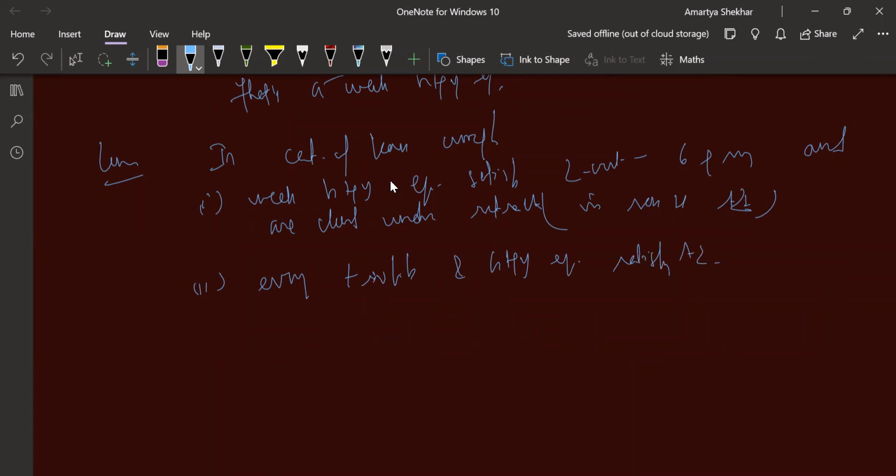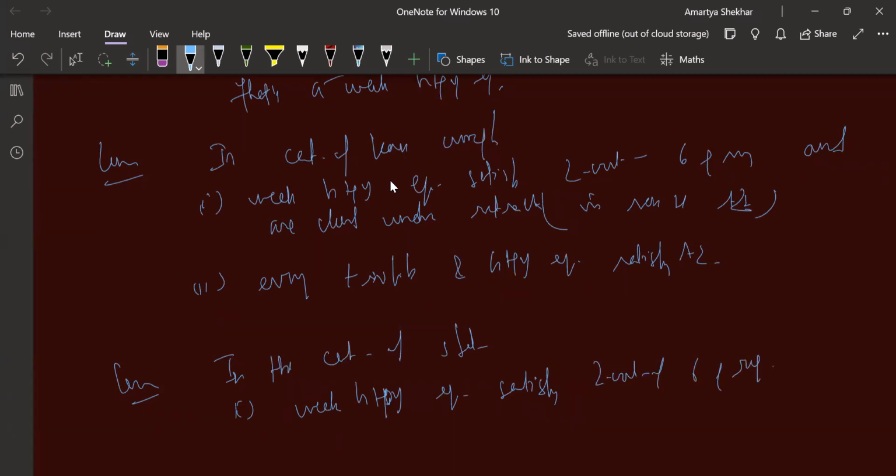So I don't have time to go through the proof, but similarly, in the category of simplicial sets, weak homotopy equivalences satisfy the 2 out of 6 property and are closed under retracts in the sense of A4 this time.